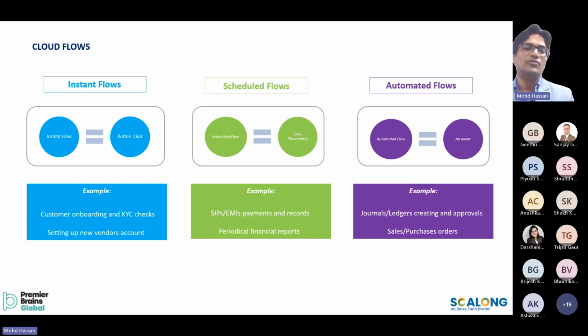Then there are scheduled flows that get scheduled at a specific date and time. For example, SIPs or EMI payments. These kinds of SMS that we generally receive are scheduled at a particular time, at a particular date.